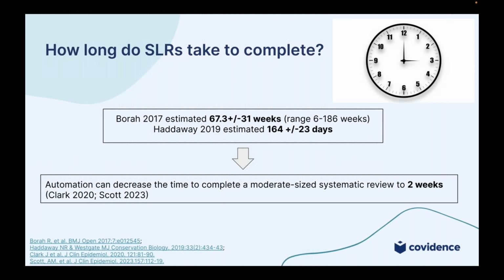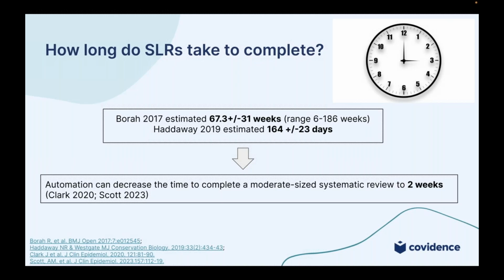That team have now done further research and upscaled it to more complex and large reviews that include observational studies as well as randomized controlled trials. I think the emphasis here is on the use of experienced review teams, which we don't all have access to.